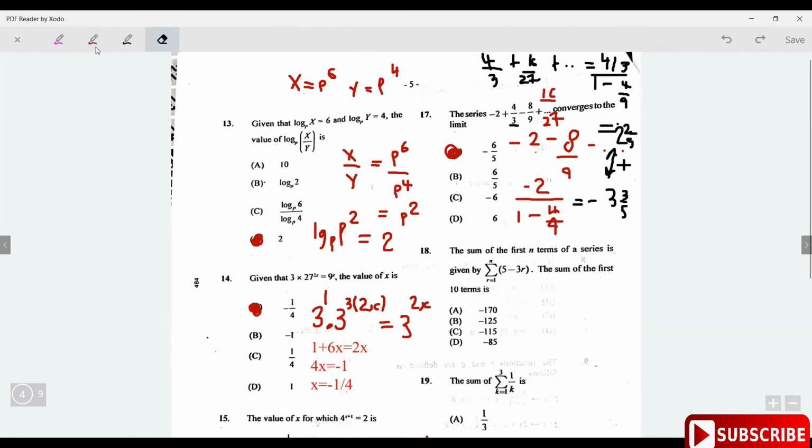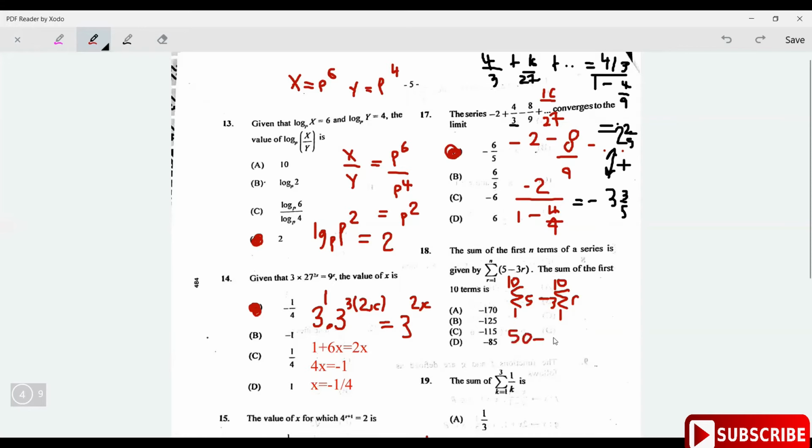Solved. Next part says, find the sum of the first 10 terms for this summation. So we're finding now the sum from 1 to 10, you can break it up as the sum from 1 to 10 of 5 minus the sum from 1 to 10 of 3 times r. Now the sum from 1 to 10 of 5 is 50.